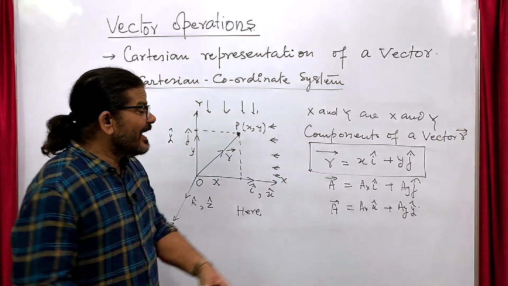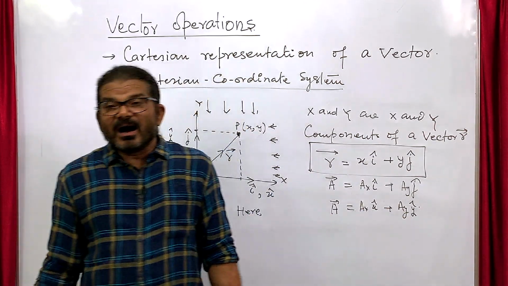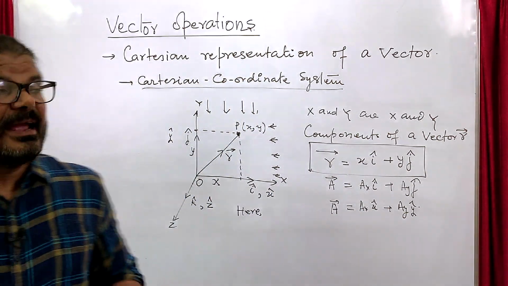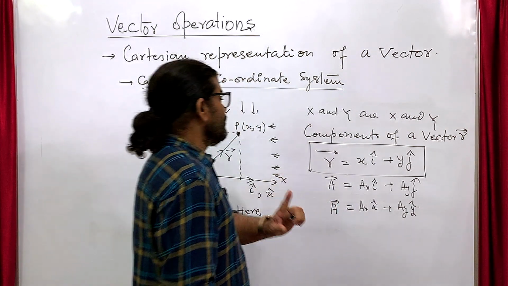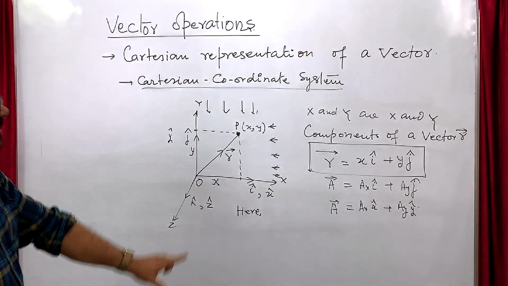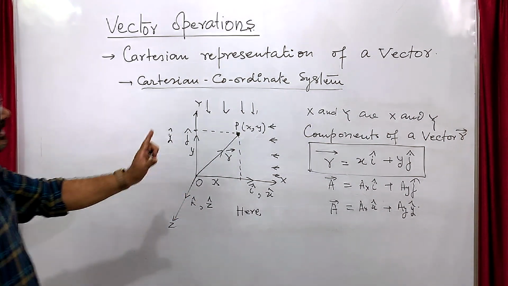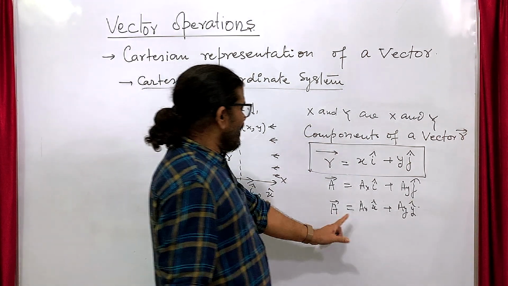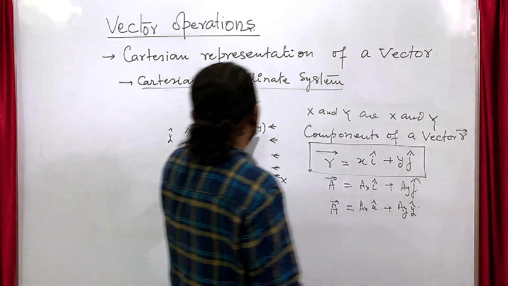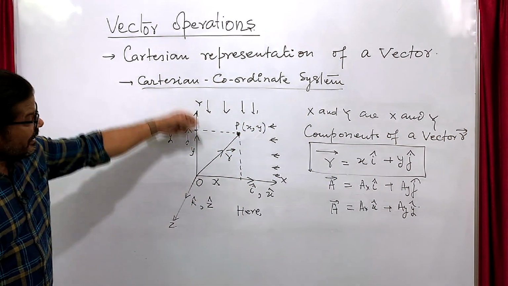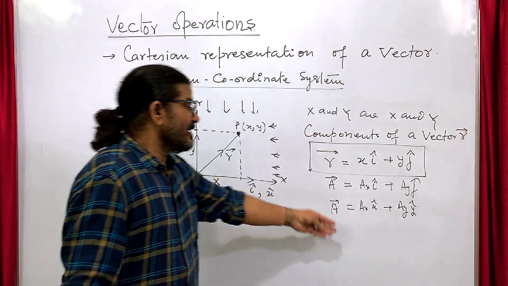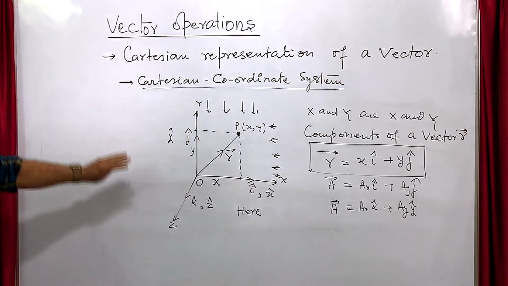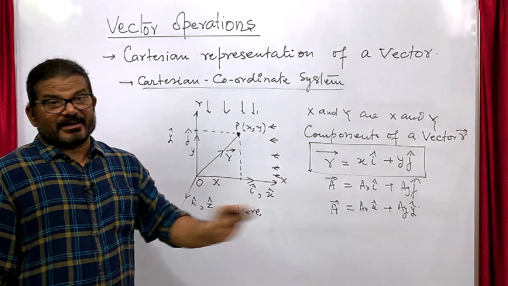So ax and ay are the x component and y component of vector a. Simple. This is how you have seen how we can represent a vector in the xy plane, and this is called a planar vector. It means it has two components.